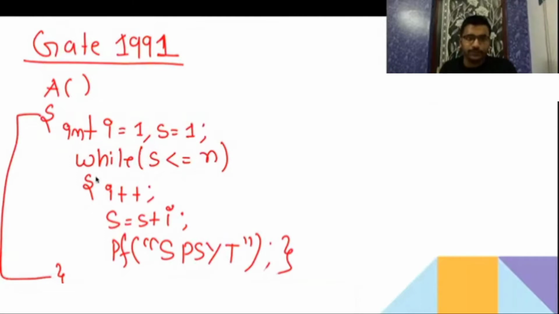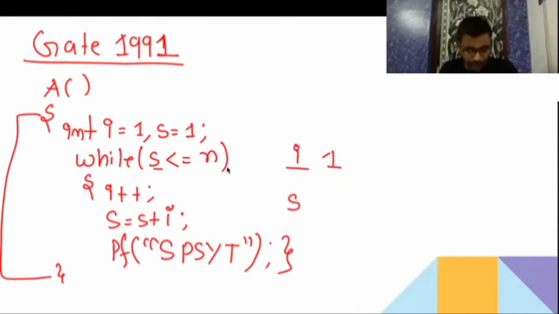Now see here, till the time s value is smaller than or equal to n, it is going to execute. When i is equal to 1, I will start with 1, s is equal to 1, smaller than n.